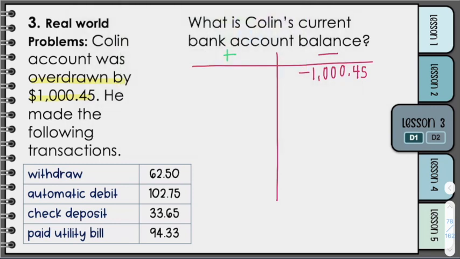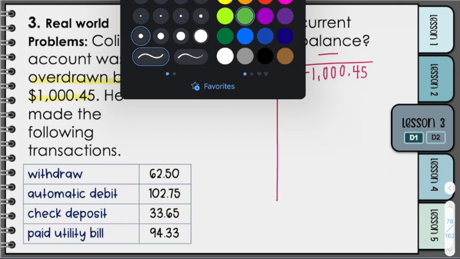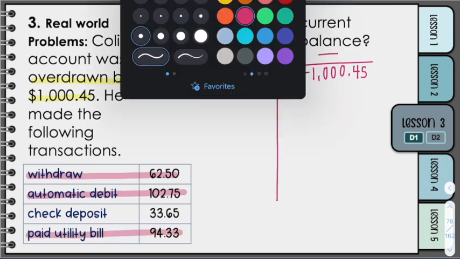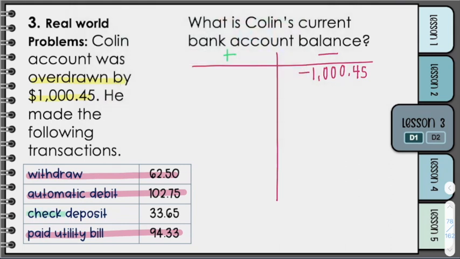So we have a withdrawal, which is not going to be positive. It's going to be taking away from the account. Automatic debit, again, that's taken away from the account. Your paid utility bill is something that's going to be taken out of the account, whereas a check deposit is going to be adding to the account.